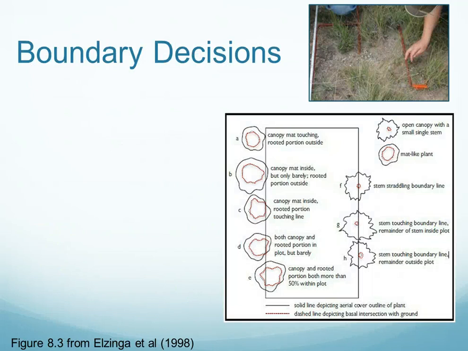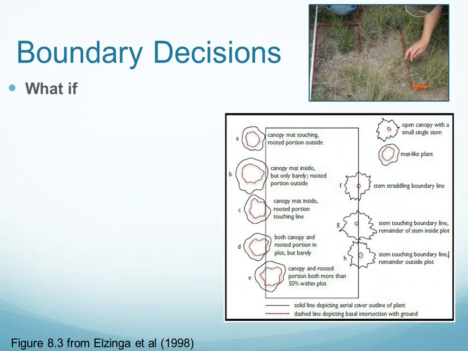Another thing that's important is when we decide whether the base of a plant is included in or out. Quadrats and plots have edges, and so that means that at these boundaries we have to make decisions about whether the plant is included in or out.